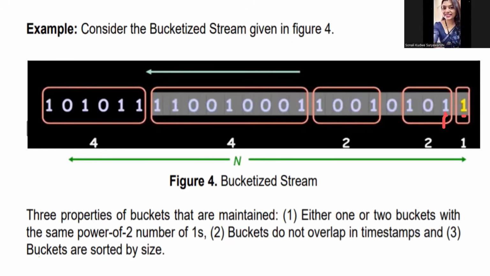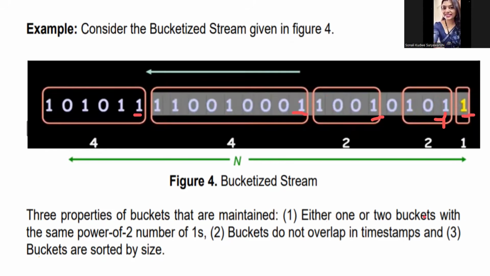That means your bucket will always start with the rightmost element as 1. This is my rightmost element and this is my leftmost element. So these are the buckets that we formed; how we formed them, I will tell you later. Right now, in every bucket, the rightmost element is always 1, and then anything can go on the left side.